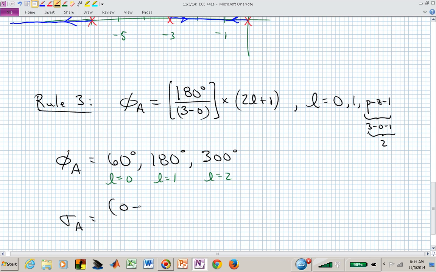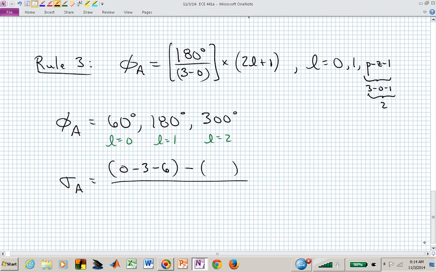I have a 0, I have one at -3 and one at -6. I take away all the zeros, I didn't have any, or I subtract the zero locations, and I need to make sure that I'm paying close attention to where those are located. If they're negative or positive, that will impact the centroid. And then I divide by the pole-zero excess.